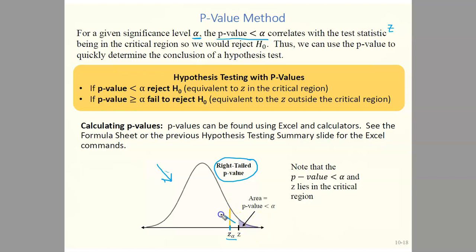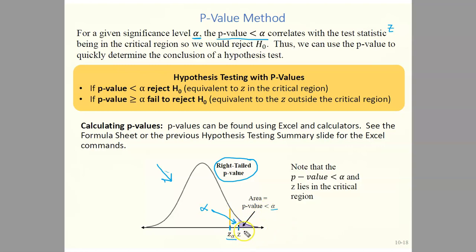So the area to the right of z alpha is alpha. So if your p-value comes up to be less than alpha, then that means that your test statistic has to be to the right of z alpha. See, for this purple area to be less than alpha, the z has to lie to the right of z alpha.